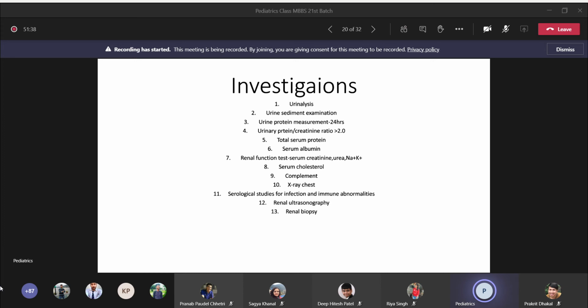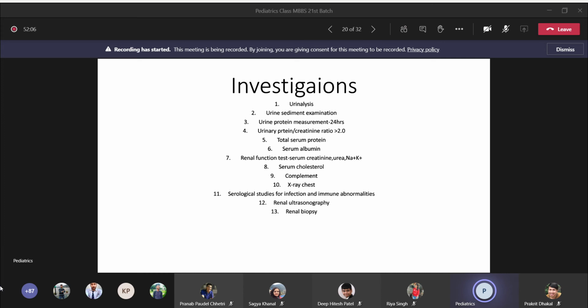In nephrotic syndrome, there is no reduction of complement, only in case of focal sclerosis, mesangial-proliferative, membranous and membranoproliferative. And also in case of SLE, you will get hypocomplementemia. The complement level will be decreased.